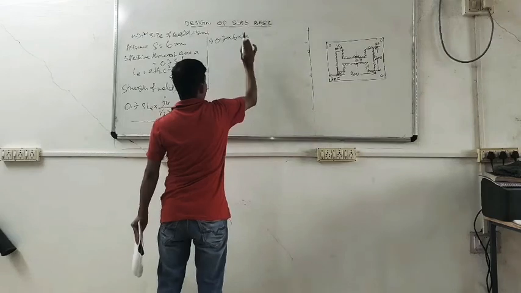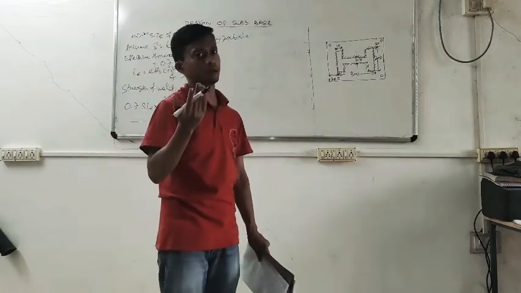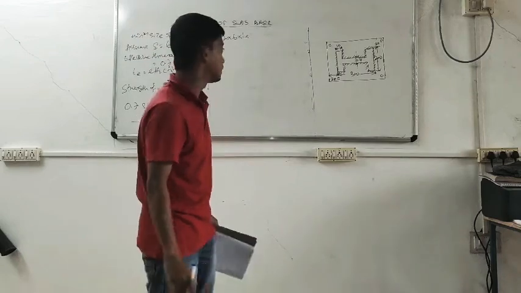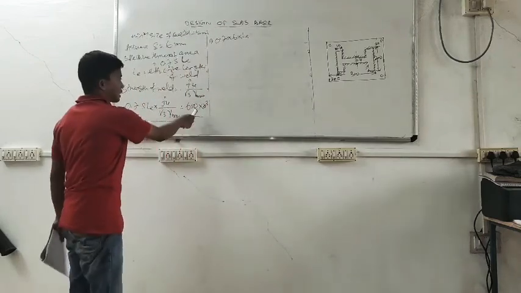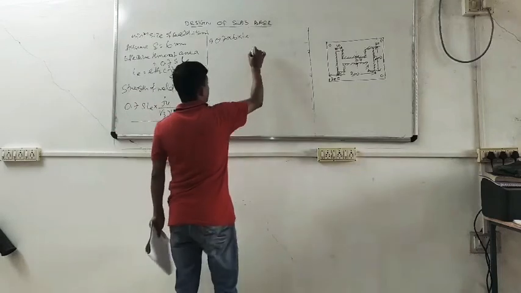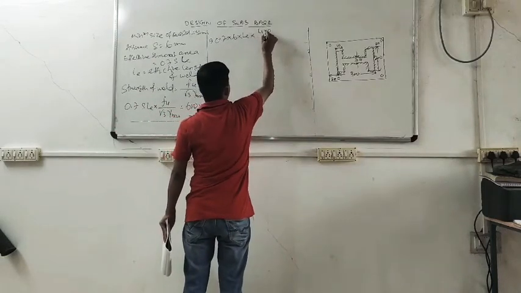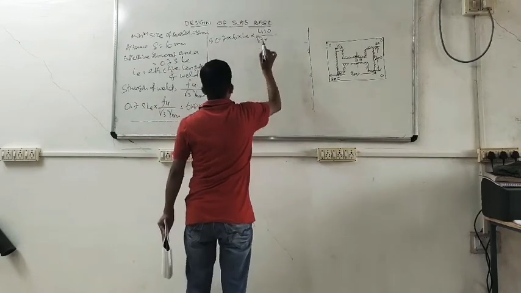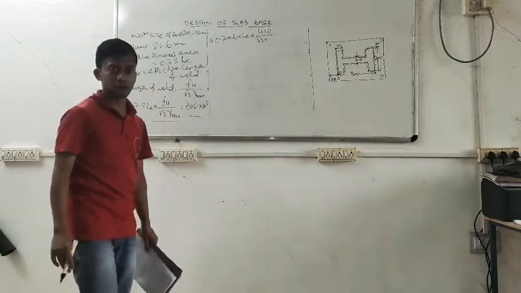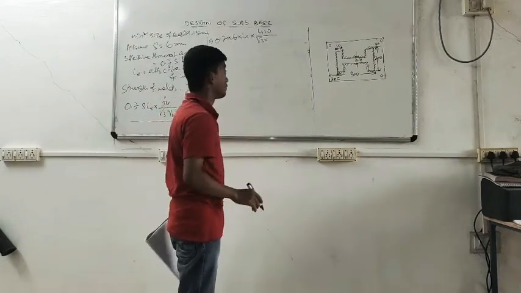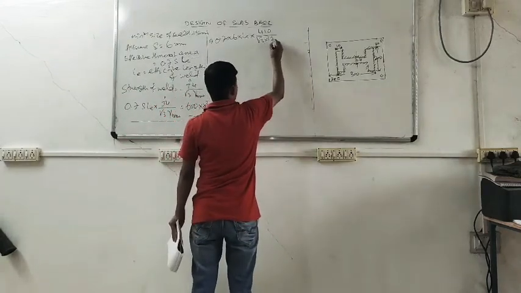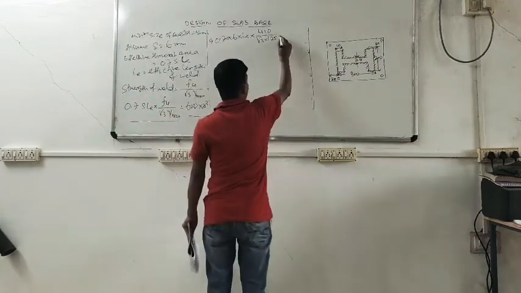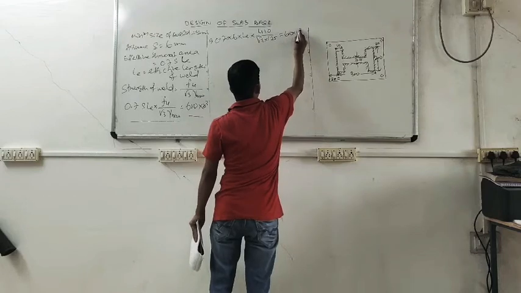Then LE, let it be, because we have to calculate the value of LE, that is the effective length required for welding to transfer this much load. Fu, the ultimate strength of plate, is 410, and root 3, and gamma Mw is a constant given in table 5 of IS 800, assume the value 1.25, equals 600 into 10 to the power 3.